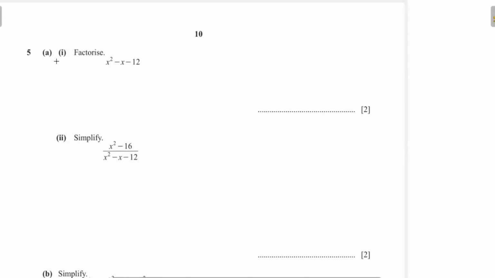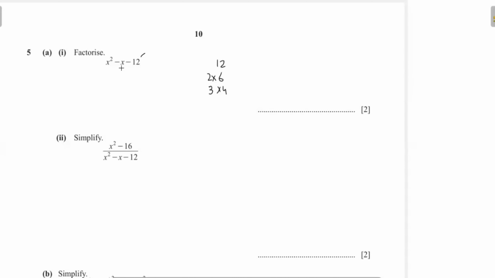Question number 5, first part A, factorize x square minus x minus 12. This type of expression to factorize, we use the middle term breaking method. In this method, we will take the factors of this number 12. The factors of this number are 2 times 6 and 3 times 4, which are the factors of 12.